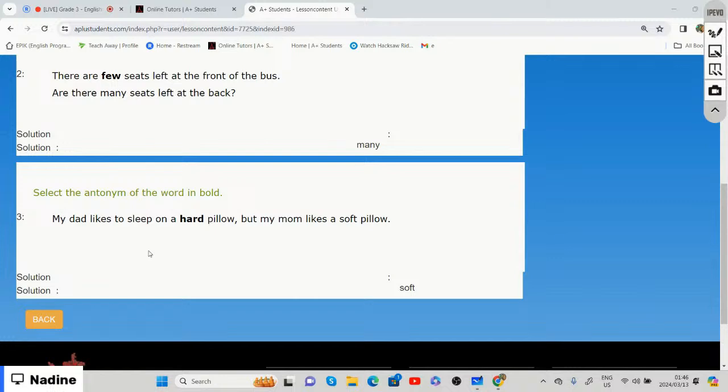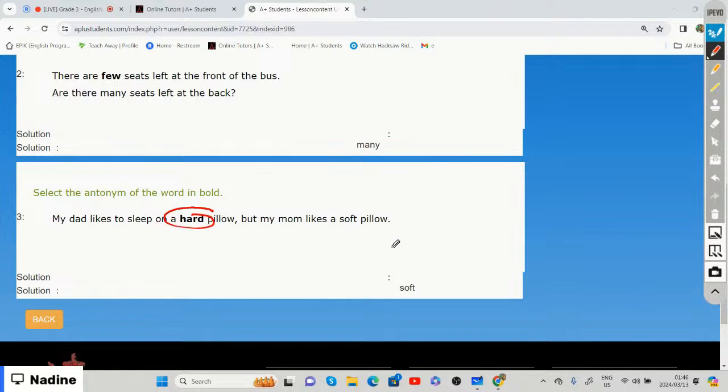So I think what we can do is look for the opposite within that sentence, right? So hard, and then we have a soft pillow.